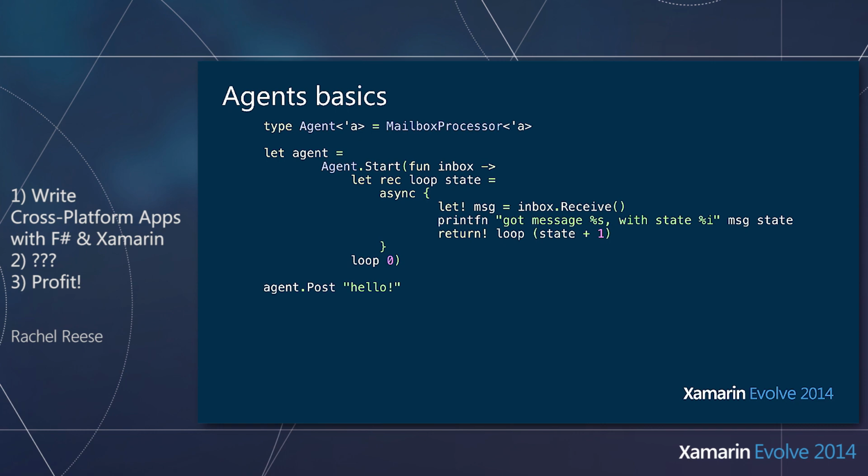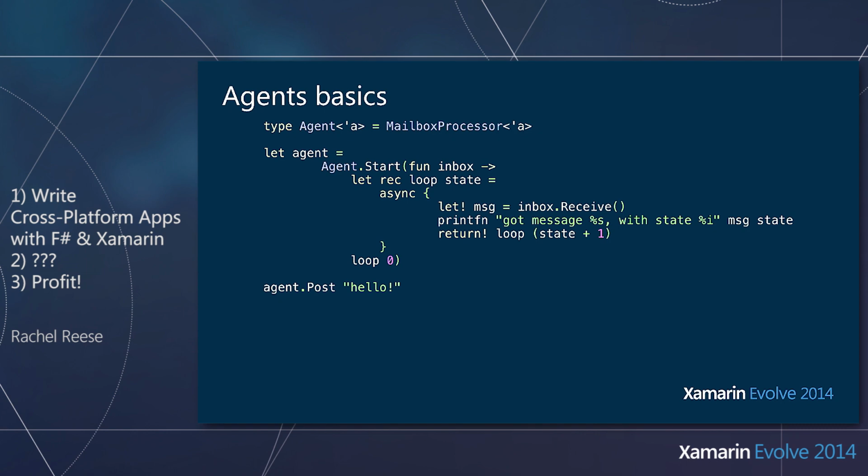Here is the way we set one up. I'm declaring one in this bit here. We have agent.start, which basically says declare this one and start it up immediately. That takes a function that has an inbox, which is the way it takes in messages. It handles them by going through a recursive loop. In this case, my loop is just handling some state. There's an async section inside, and we do an inbox.receive.